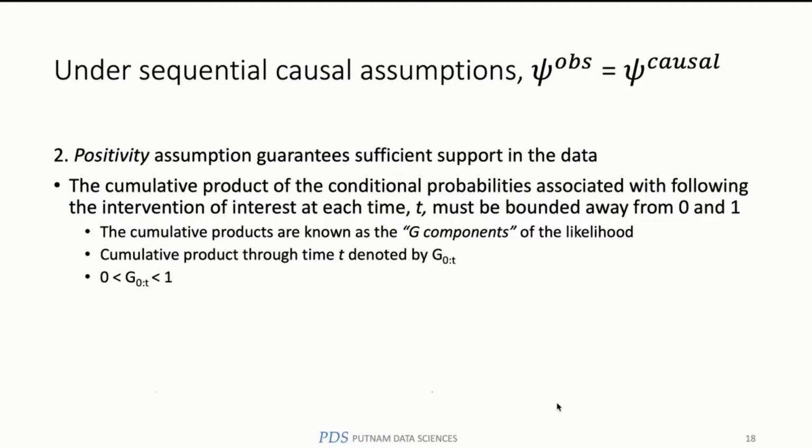In the literature or in other webinars, we sometimes refer to these as the G components of the likelihood. We denote these products, if T is 3, as the product of the first 0, 1, 2, and 3 of those components. And at every time point, it has to be bounded away from 0 and 1.